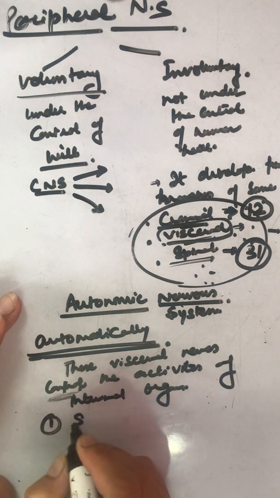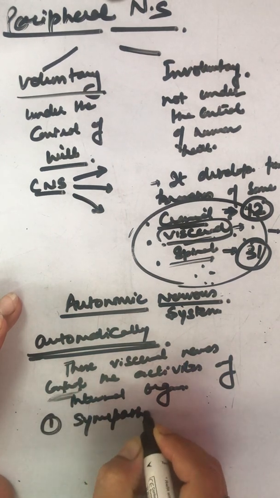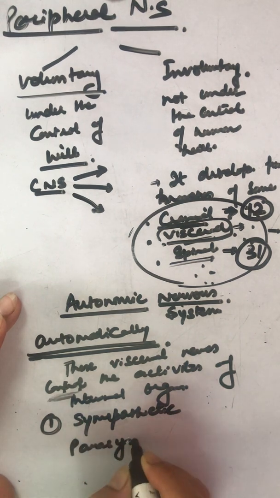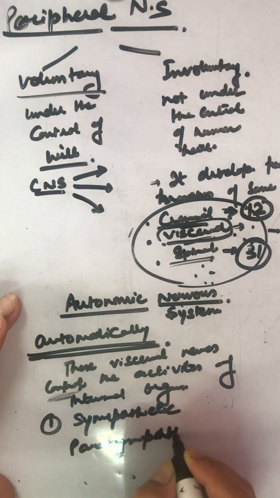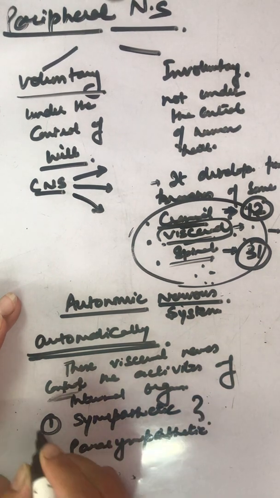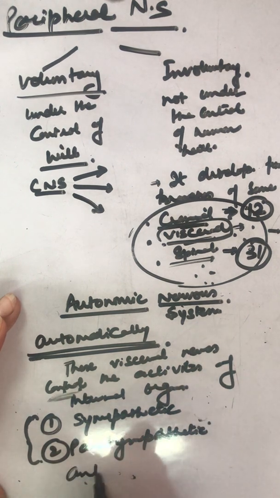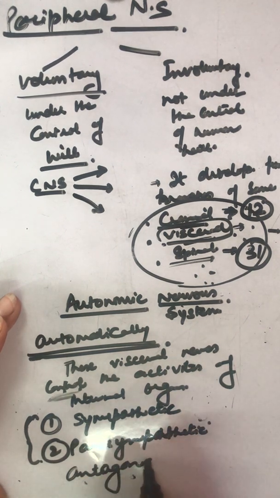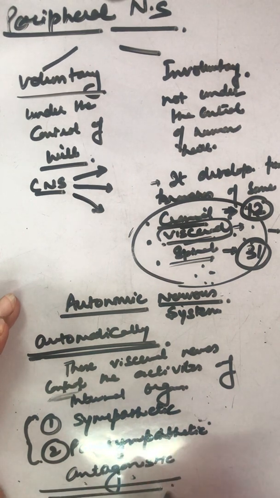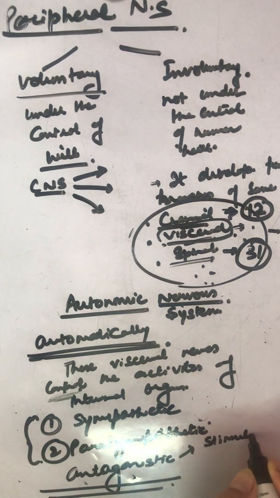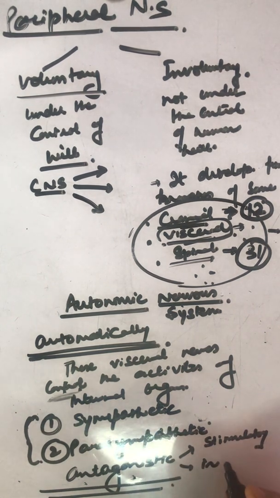So we have a pair of sympathetic and parasympathetic nerves. These two nerves are antagonistic to each other. I am using the word antagonistic, meaning if one system exerts a stimulatory effect, the other one automatically becomes inhibitory or regulatory in action.